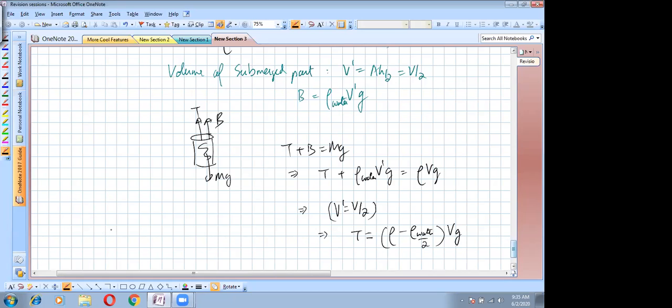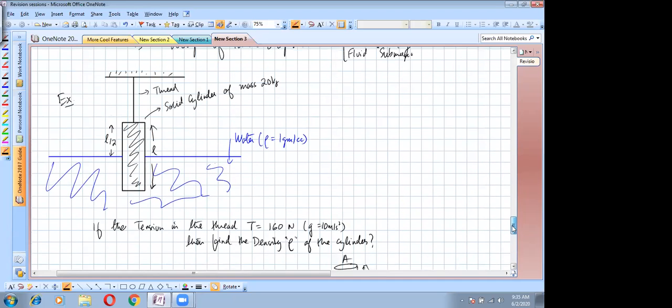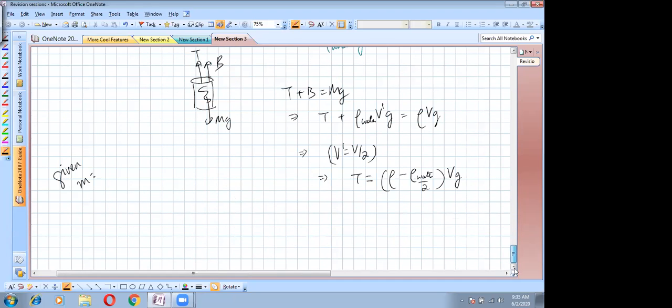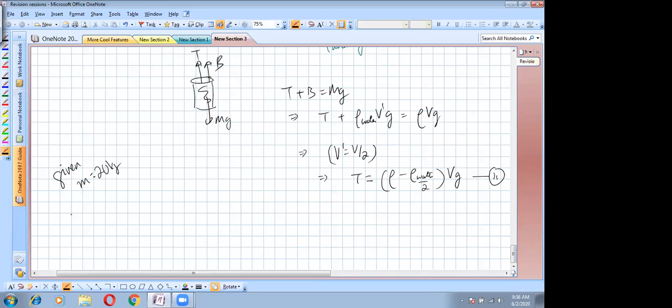So now given that mass of the object is 20 kg. This is our equation 2, and this one here was our equation 1. So that means density into volume is equal to M is equal to 20 kg.